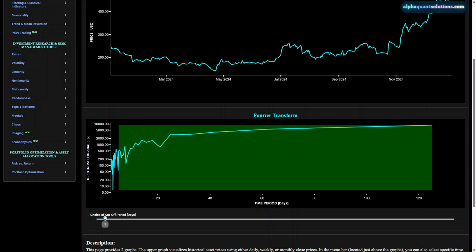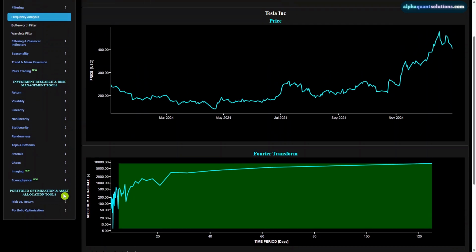So if we were to apply a low-pass filter that removes the high-frequency noise, and we were to choose a 5-day cutoff period, then we would keep everything in the green area. And you see this is a very shaky part of the amplitude spectrum. So this is really what we would consider high frequency noise.